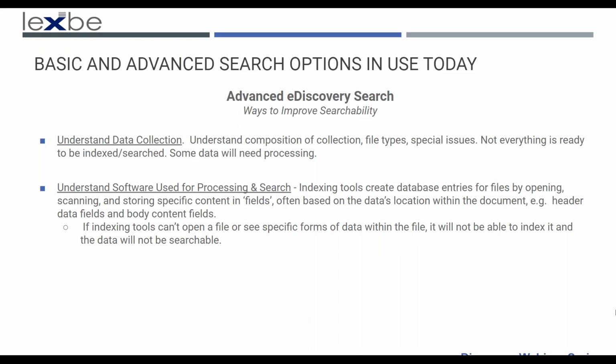It's often going to be based on the data's location within the document. So the header data fields of an email are going to be stored in the to, from, CC, BCC, subject, and then the body, for example. If the indexing tools can't open a type of file or see what types of data are within the file, it can't index it, and so the data won't be searchable in a way that you would expect.